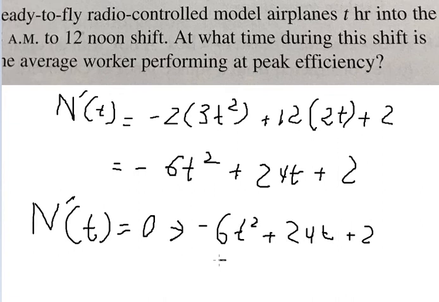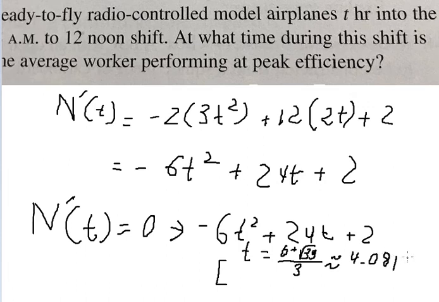So we find two solutions here. That's t equals 6 plus the square root of 39 over 3, which is approximately 4.0817.